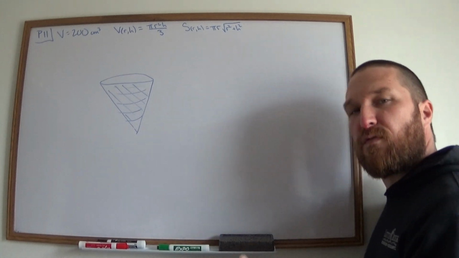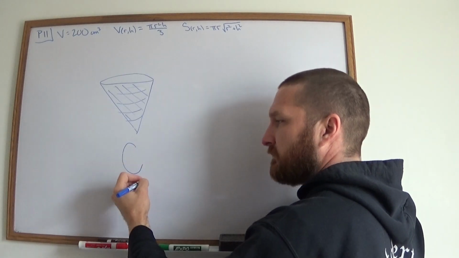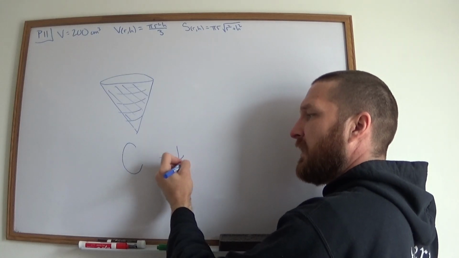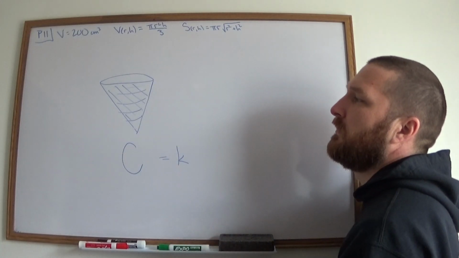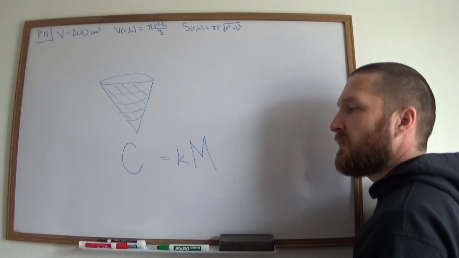What you could do, if you wanted to make your life really hard, is say, okay, I need a cost, and that's proportional to the material that I'm making. So there's some constant K times however much material that is.